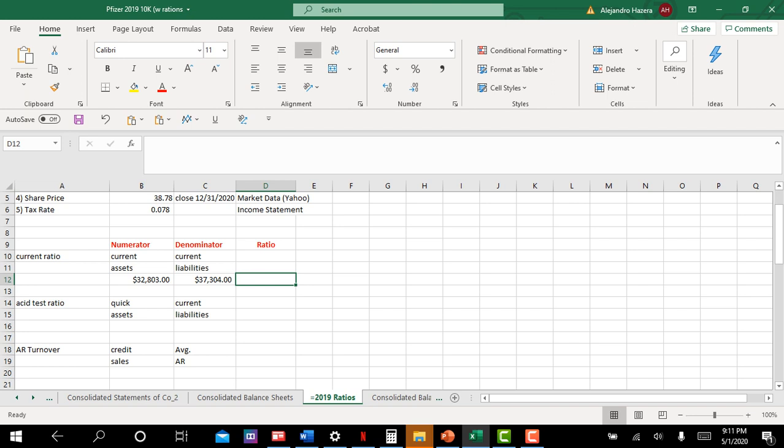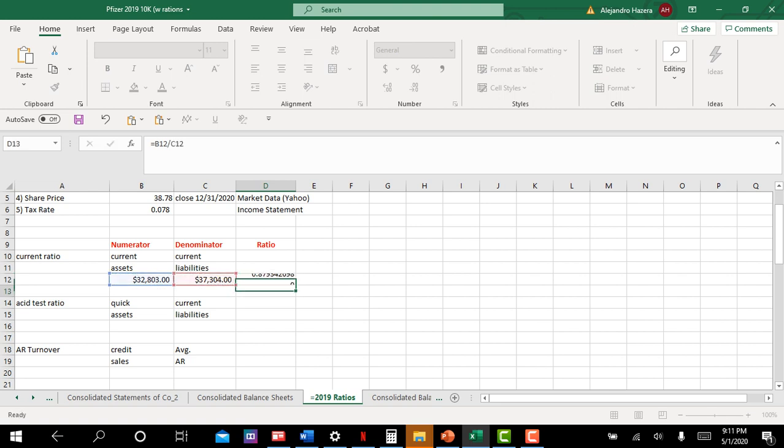Okay, so Pfizer had a current ratio for the year ended 2019, current assets divided by current liabilities, of about 88%. We'd like that to be at least $1 per $1.